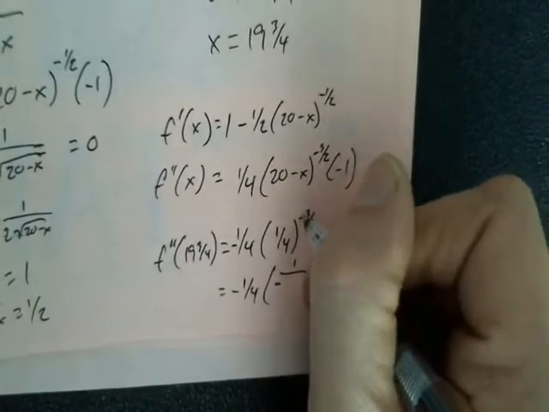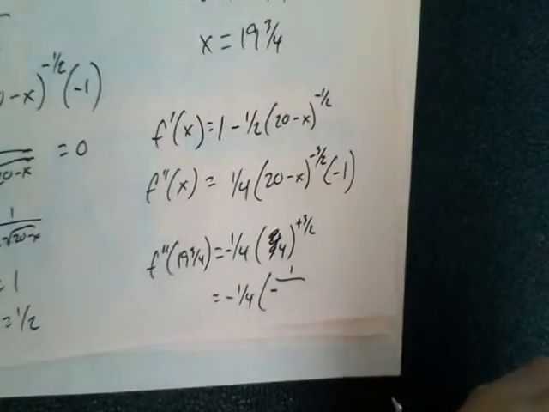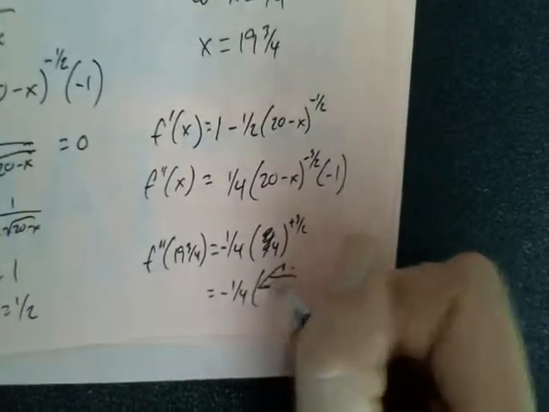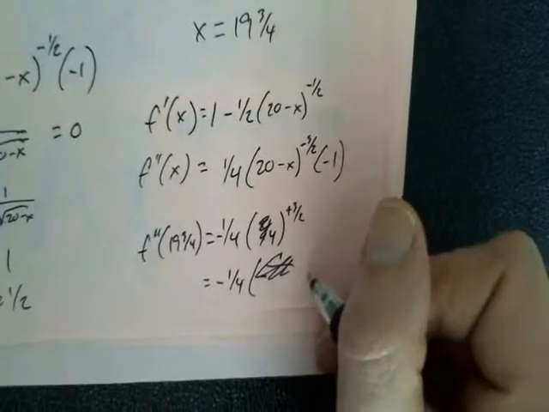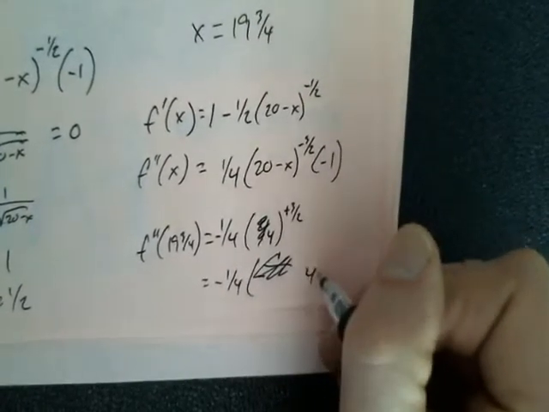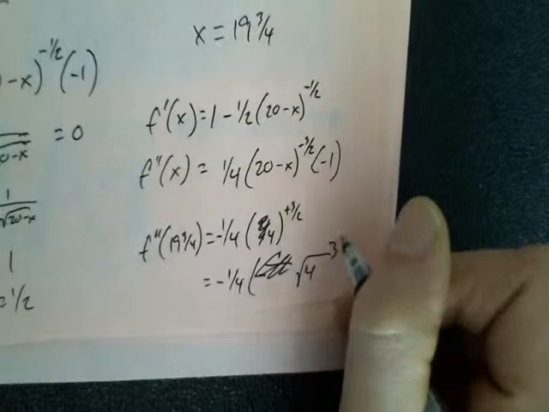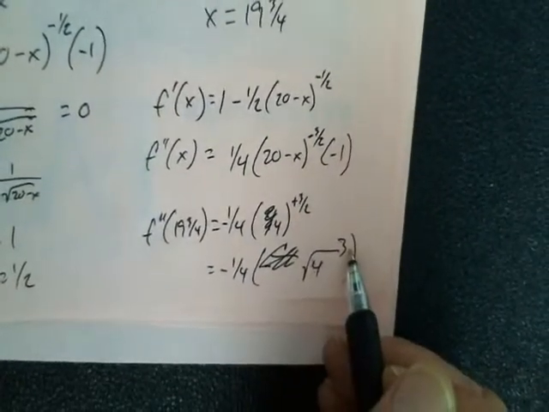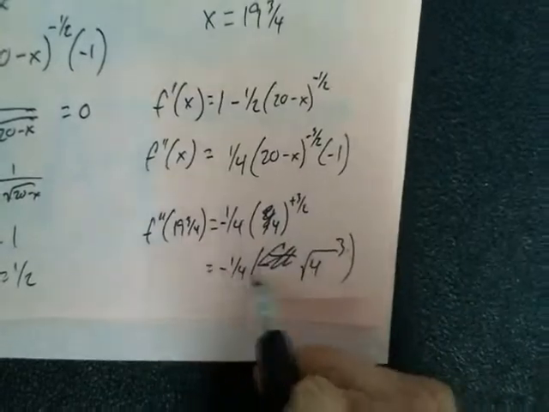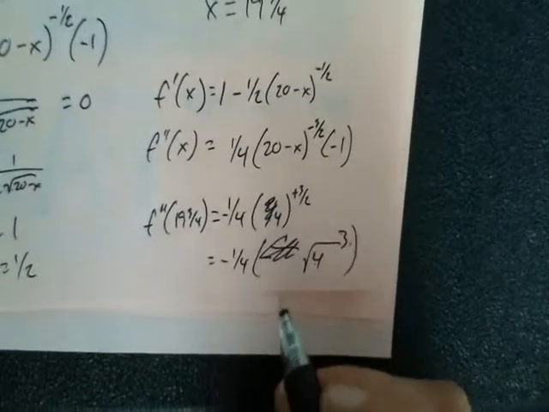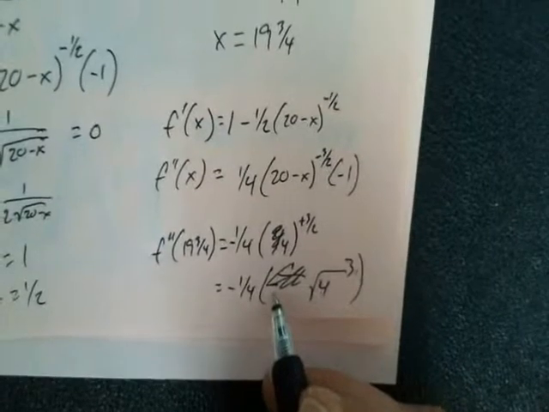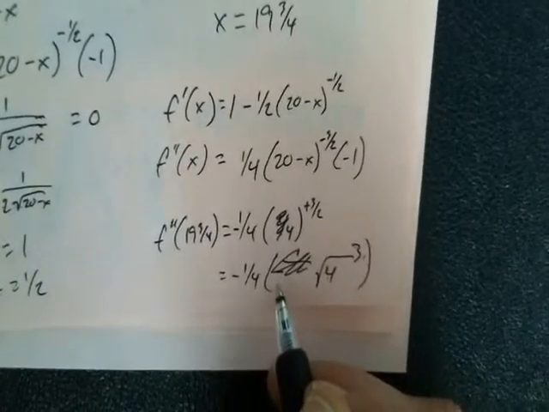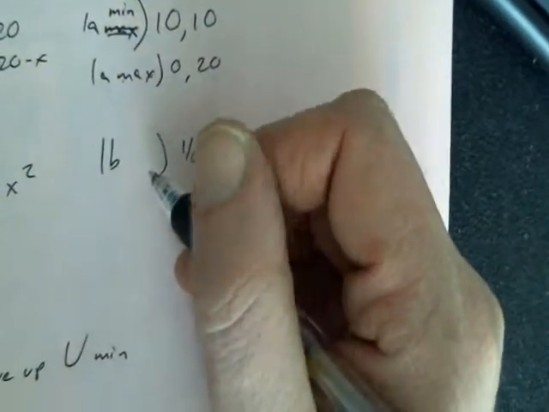If we make this positive, we can just change this to 4, to the 3/2. So that's going to be 4 square root cubed, so that's 8. It'll wind up negative 2, I believe. But negative 2 is negative, which means that it is concave down. So concave down means that there's a maximum.